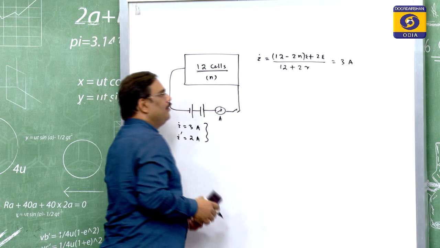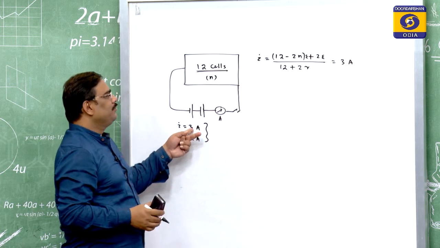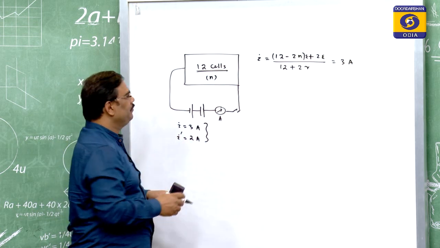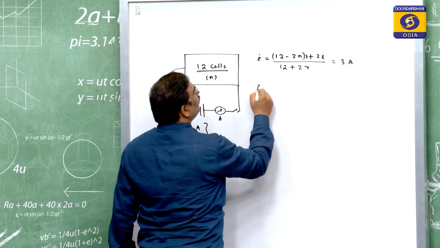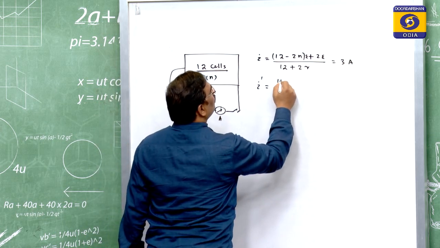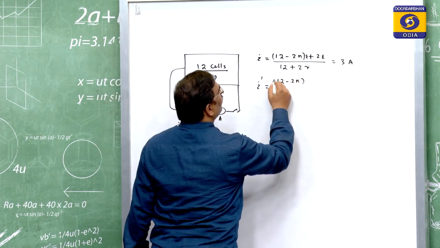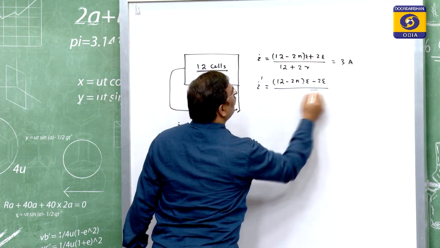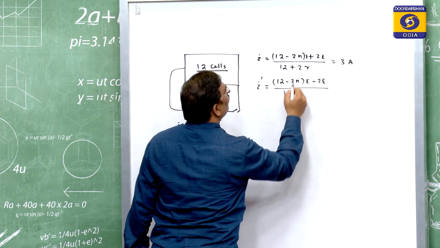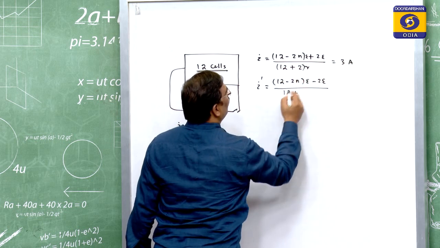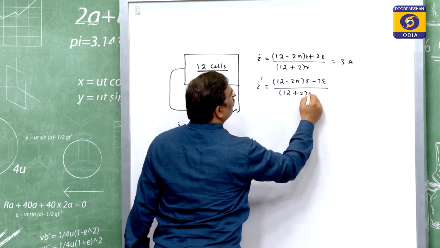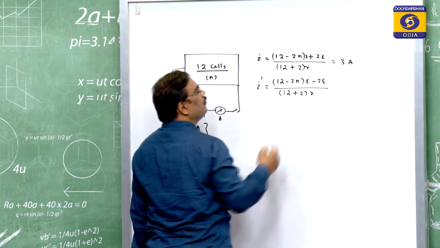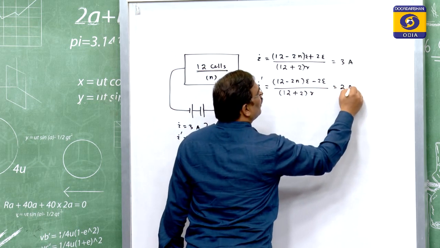It is given: when they add each other, the current is 3 ampere. And similarly, my I dash will be equal to (12 minus 2n)E minus 2E divided by 12r plus 2R, equal to 2 ampere.